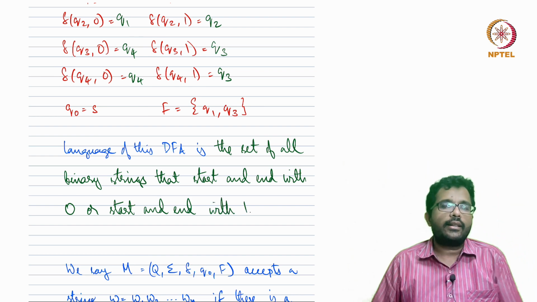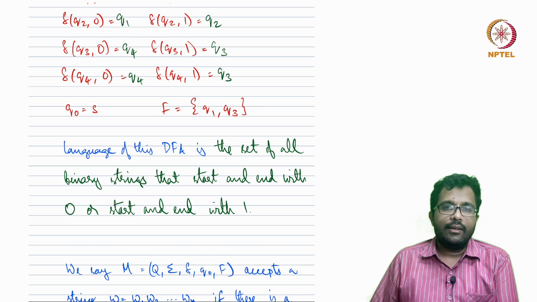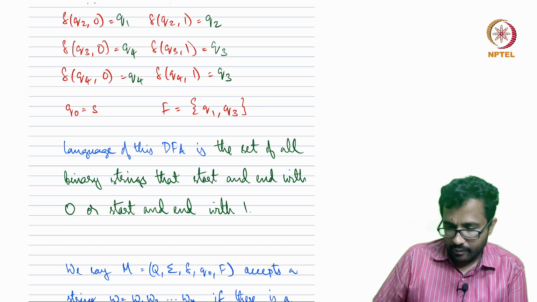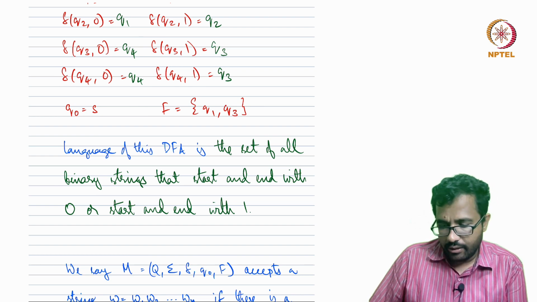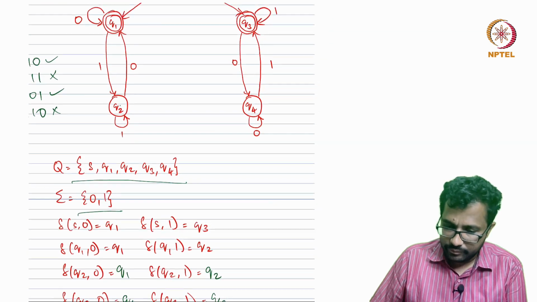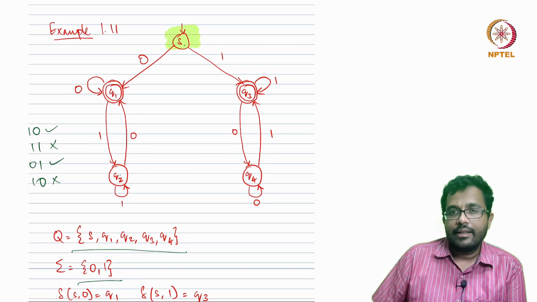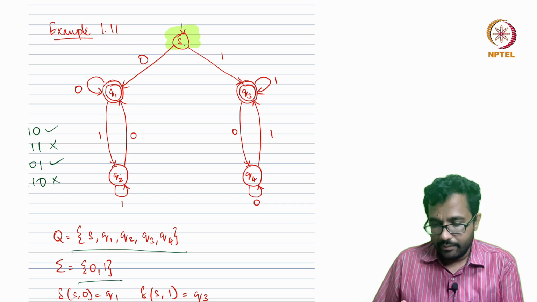In other words, starting and ending with the same symbol. So that is the language of this DFA: the set of all strings that start and end in the same symbol.